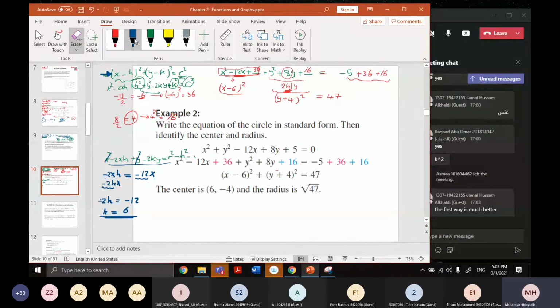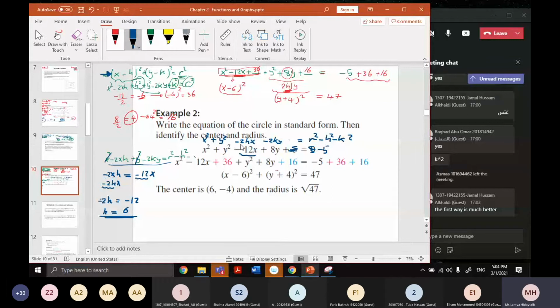If I expand this one here, the equation will be x square plus y square minus 2hx, correct? And then minus 2ky, correct, is equal to, take 5 there, so this is minus 5, okay, this is equal to r square minus h square minus k square, and then compare.